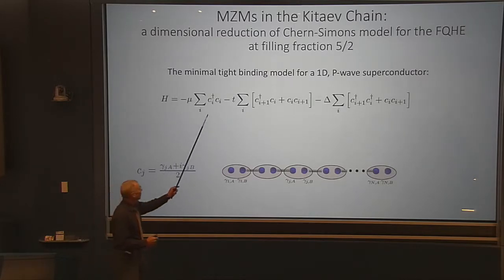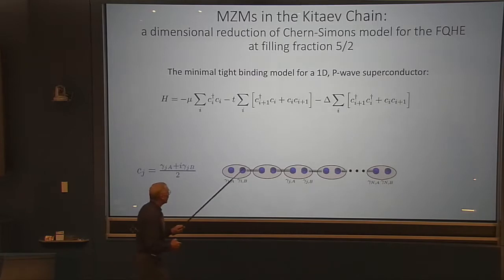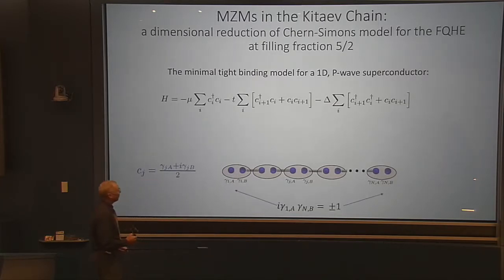And when you tune the hopping and the superconductivity, you find that the bilinears in the Majoranas, which are indicated by the bonds in this diagram, go between rather than within the electrons, which are the ovals. So you leave free zero modes, Majoranas that are outside the Hamiltonian at the ends. And this is where the information is stored.